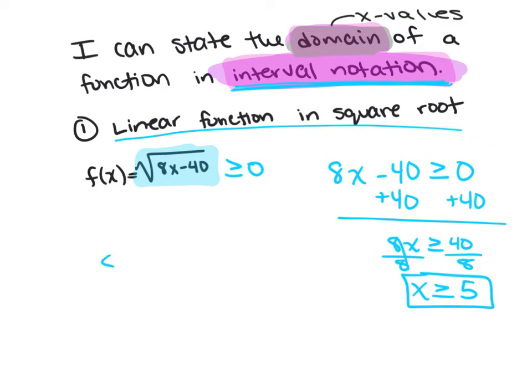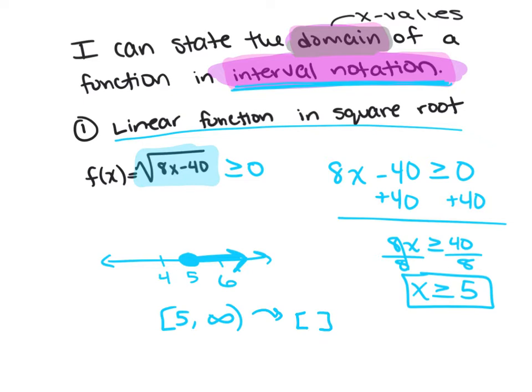So if we were to now do the example that we were given, if I have x is greater than or equal to 5, so here's 4, 5, 6. If x is greater than or equal to 5, we put the closed circle. The arrow would be shading to the right. We include 5, and we're going towards infinity. So you may want to write down, closed brackets means including the number.